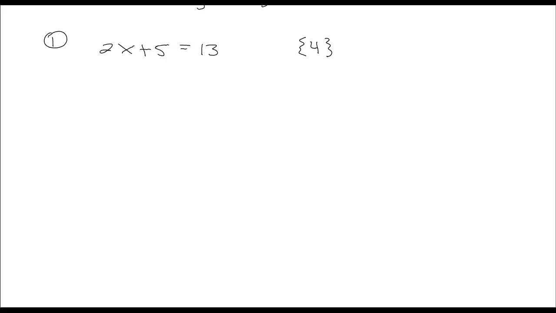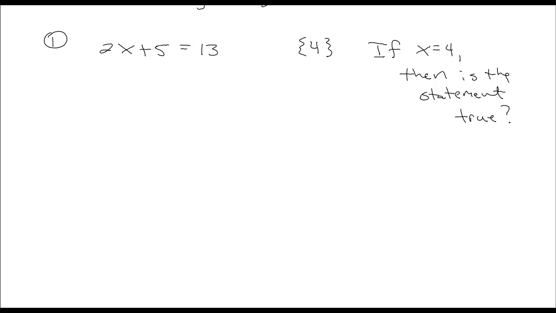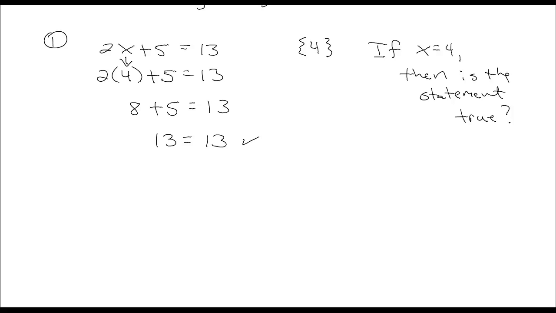So they're trying to say, if x equals 4, then is the statement true? Alright, so if I plug in 4 for the x, and then do what it says to do, I get 8 plus 5 equals 13, and yes, 13 is in fact equal to 13, so that's all good.